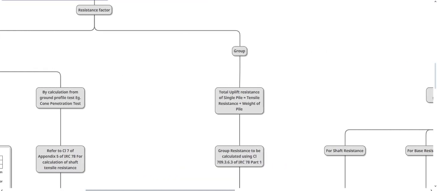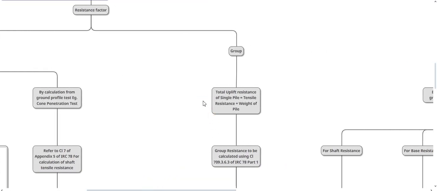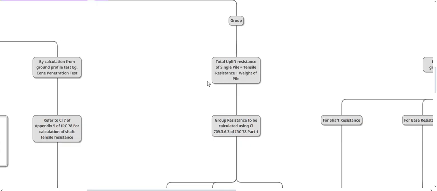Moving on to the group action of piles under tension. It says the total uplift resistance of a single pile is equal to the tensile resistance of the shaft or the base. In this case, the base is not applicable. So tensile resistance of shaft plus weight of pile.